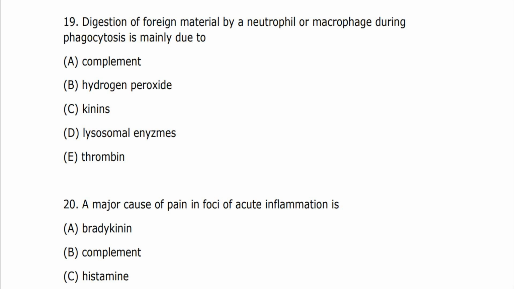But the digestion of phagocytosed material is mainly by lysosomal enzymes. I think there's a question that will lead us to talk about oxygen-dependent killing later.